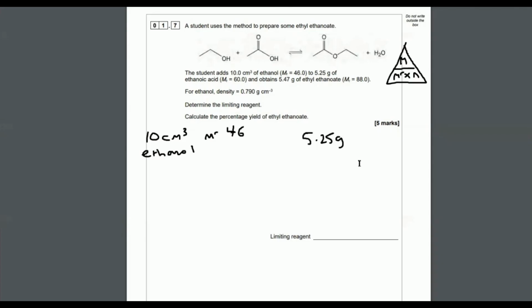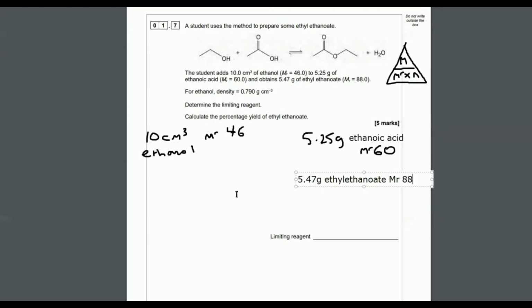So I've got 5.25 grams of ethanoic acid, and that has an Mr of 60. Then our product that's produced: we obtain 5.47 grams of ethyl ethanoate. This is our product, and that's got an Mr of 88.